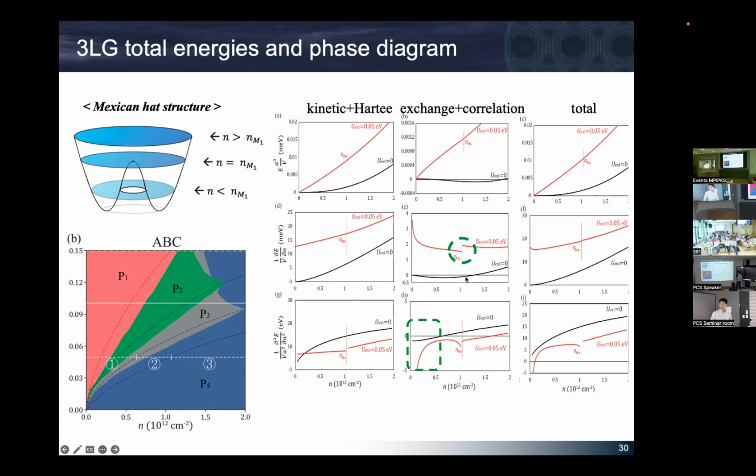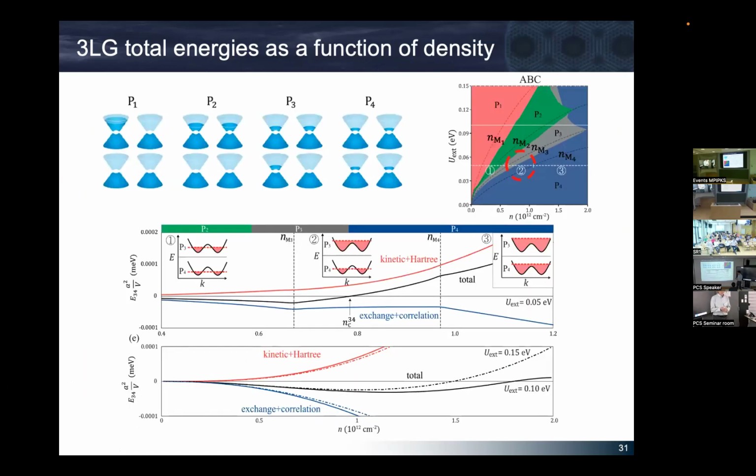And this discontinuity region is the density where we cross the top of the Mexican hat band structure, changing from the annular shape to the ring shape. And we can see in the explicit calculations the phase transition boundaries, where the top of the Mexican hat shape is crossed, and therefore we have a change in the morphology of the Fermi surface.